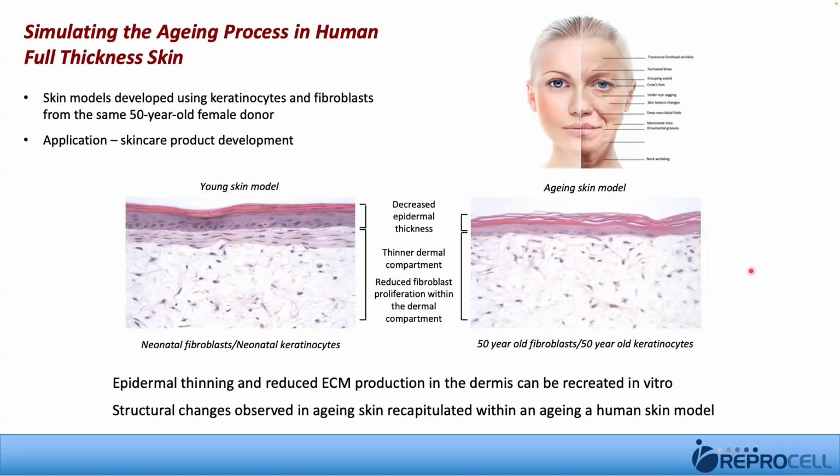So these are fibroblasts derived from a 50-year-old, and you notice immediately the thinning of the epidermis, and there's also less collagen in the dermal compartment. So that's recapitulating a couple of the basic phenotypic differences that one sees as one ages.